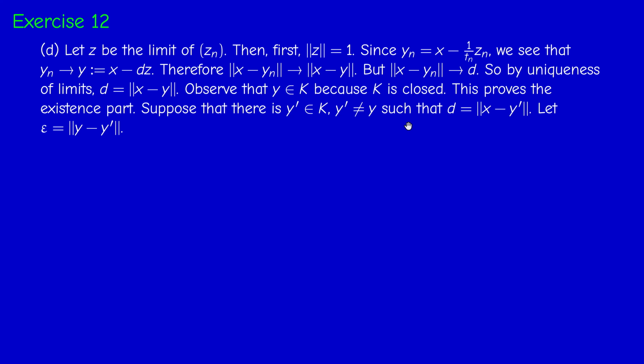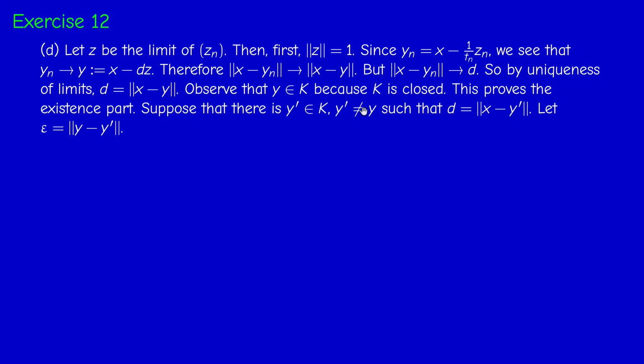Now, for uniqueness, we have to use the uniform convexity condition again. So suppose that there are two solutions to this problem, y and y prime. Then we have d equal to the norm of x minus y, as well as the norm of x minus y prime. So the norm of x minus y prime equals the norm of x minus y equals d.